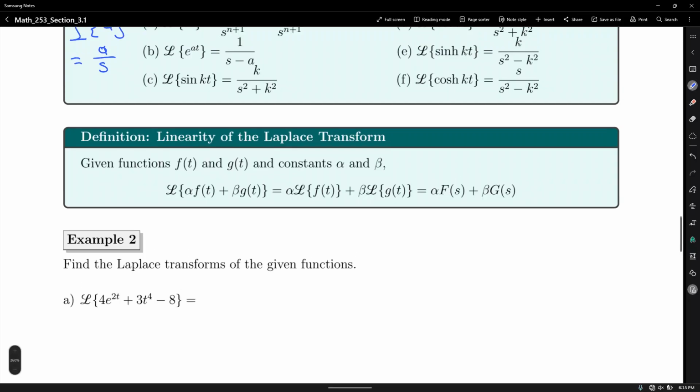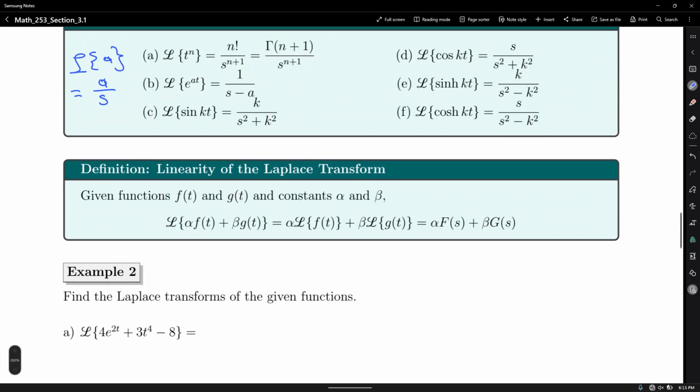This time we're going to use the Laplace transform of an exponential function, which is this formula here, the Laplace transform of a power function, which is this first formula there, and the Laplace transform of a constant, which is the constant over the variable s. Now, before getting to the transform, the transform is linear, because if you have the Laplace transform of the sum or the difference of two functions, you can take the Laplace transform individually, which is what we're going to do.